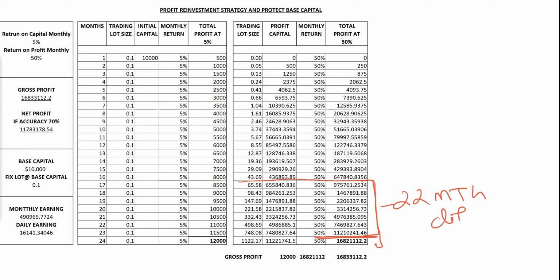And as you can see, 22 MT4 accounts are needed, and we'll show you the calculation, at the end of the 24 months. Suppose we keep a highest of 50 lots on one MT4 account; for trading 1122 lots, at least we require 22 MT4 accounts at the end of the 24 months.